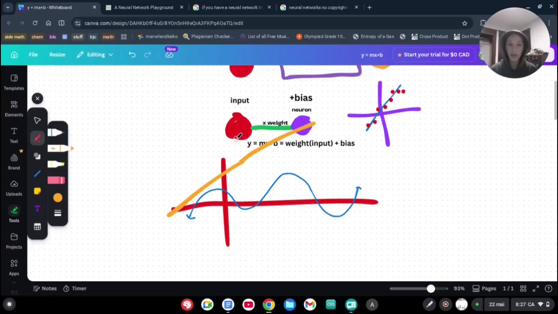Basically, what do we have going on here? We need to be able to predict nonlinear behavior. And so I need my neural network to no longer be functioning like y equals mx plus b.